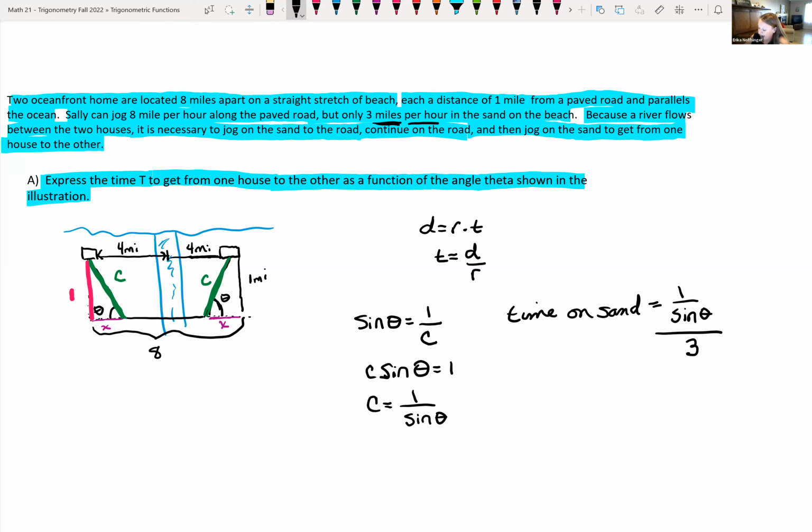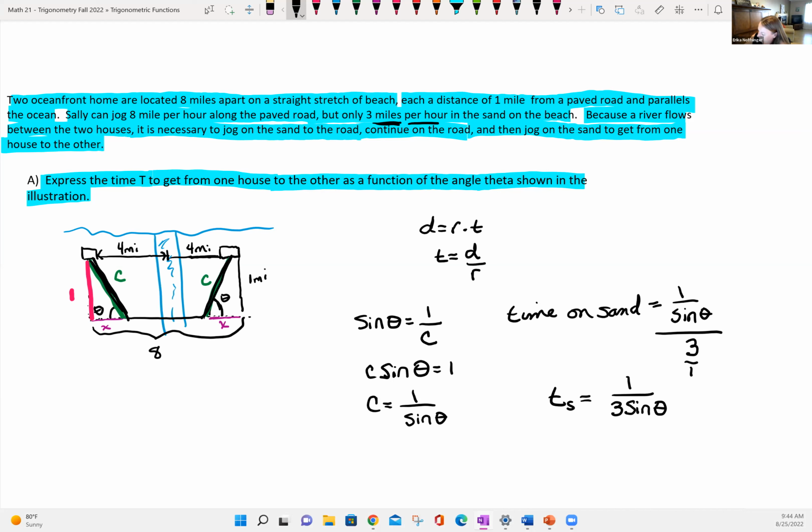That's just one of the times. Invert and multiply, so 1 all over 3 sine theta. But we have 2 of those pieces, this piece plus this piece. So 2 times this is the total time on the sand.